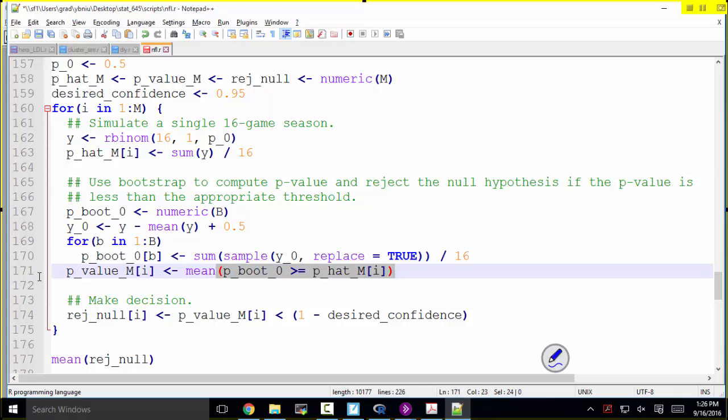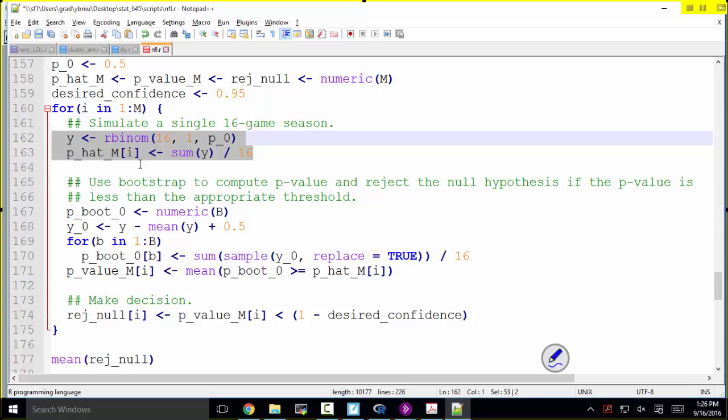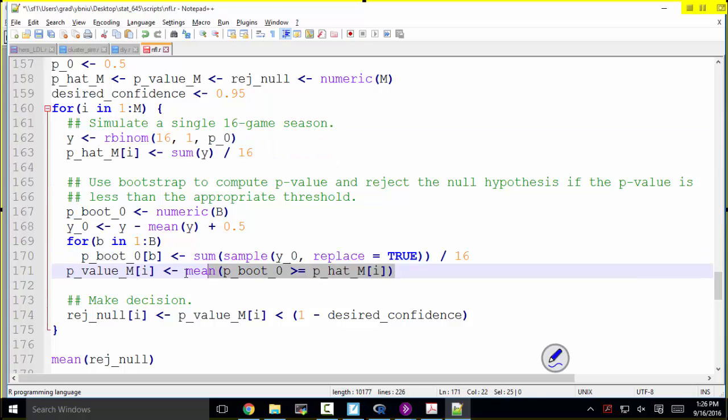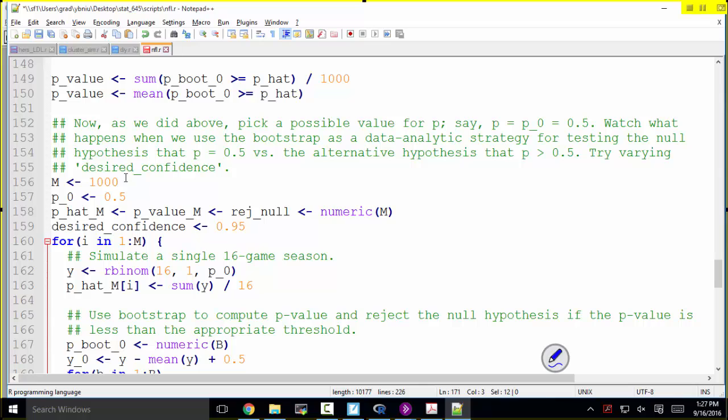My p-value would be the proportion of simulated or bootstrap p-hats that are as big or bigger than the one we originally observed for our simulated data inside this iteration. For the current simulated data set, what proportion of the bootstrap p-hats were bigger than or equal to our observed ones? So we're computing a p-value every single simulation, 1,000 times.